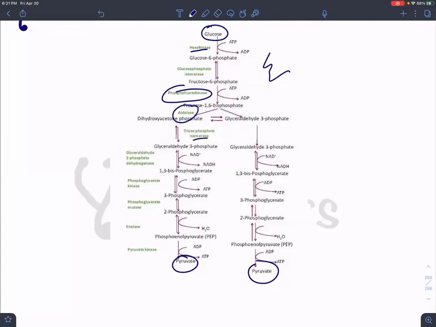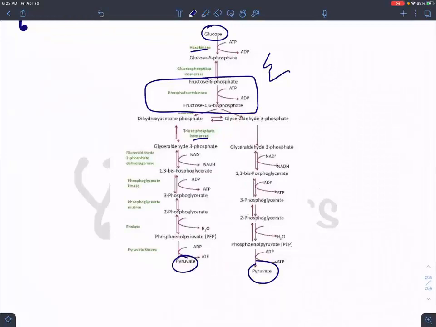Okay, so here I am concerned about the regulation of this enzyme. I want to take your attention towards this part, when your fructose 6-phosphate is being converted into fructose 1,6-bisphosphate, because I came to know that some students have some doubt, or I felt that I should make a single video on this regulation of PFK enzyme.